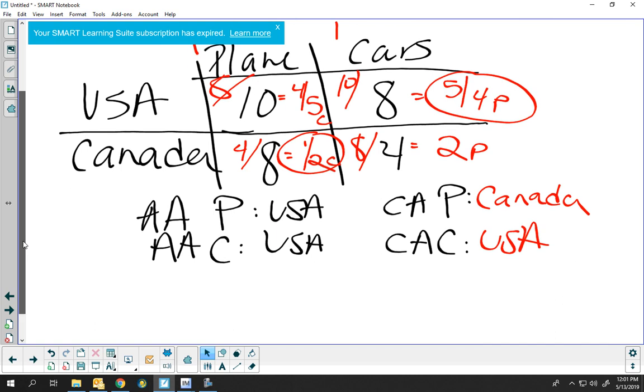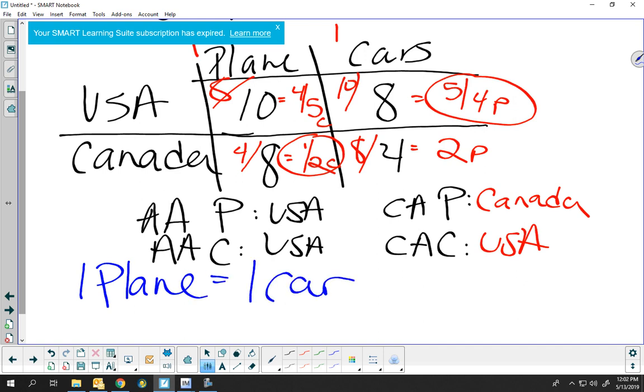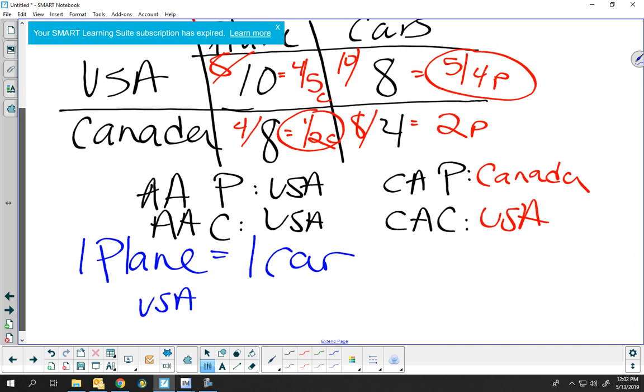Okay, so let's say the trade agreement that was given is one plane will be exchanged for one car. My question is, is this going to be good for USA? And is this going to be good for Canada? Will they like it?